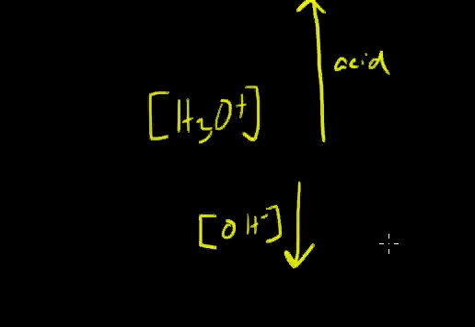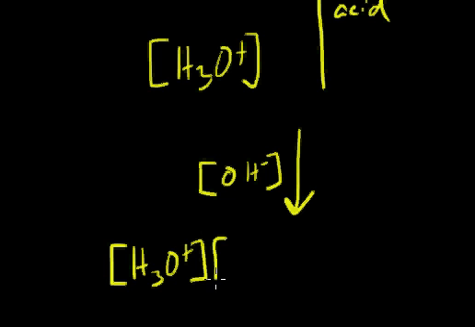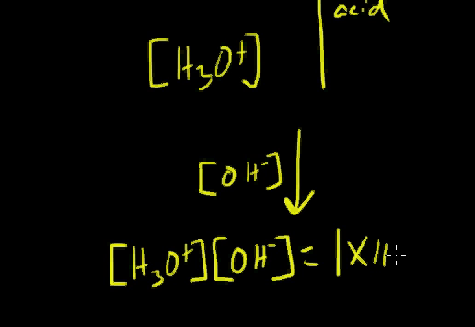So we've talked about inverse relationships before, but an inverse relationship says that the product of your two variables, in this case the hydronium concentration and the hydroxide concentration, will equal some constant. And in this case, it turns out that the constant is 1 times 10 to the negative 14 for the product of the hydronium and hydroxide concentration.